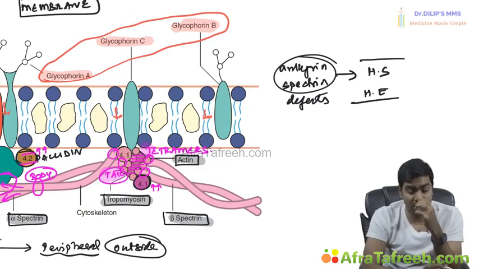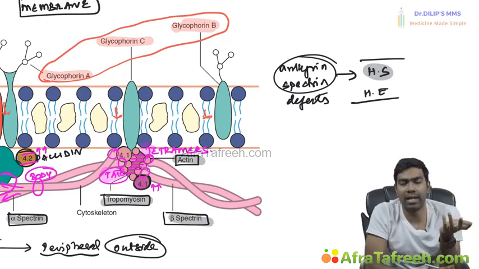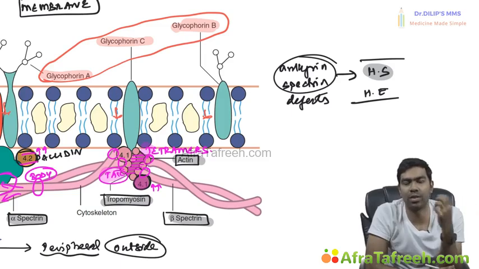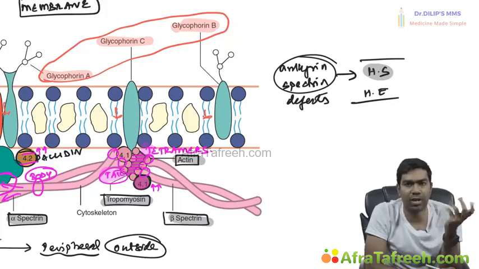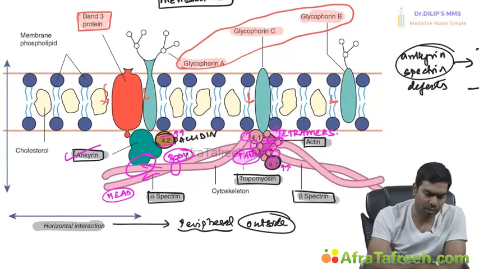For example, if somebody asks you the most common mutation in hereditary spherocytosis, it is the ankyrin defect. That is the usual commonest thing that is happening in hereditary spherocytosis, and spectrin defects typically happen in hereditary elliptocytosis. But anyway, these are the RBC cytoskeletal and membrane defects that result in different shapes of the RBC. So this thing you have to know, that is the RBC membrane structure.